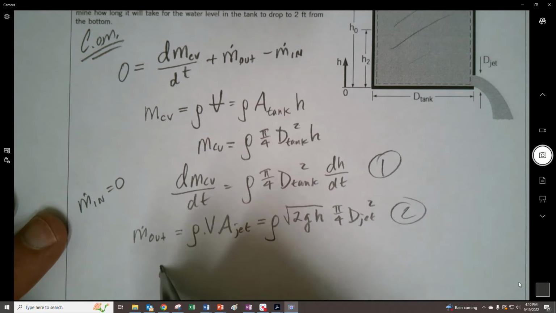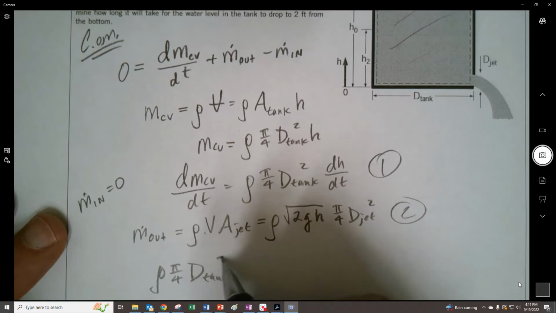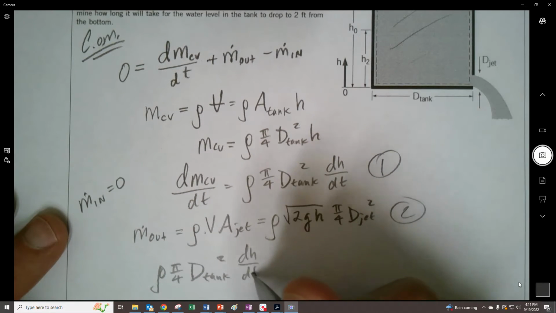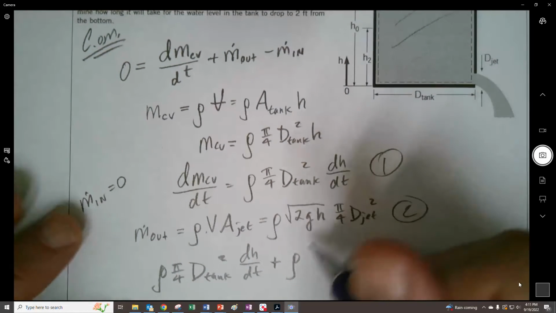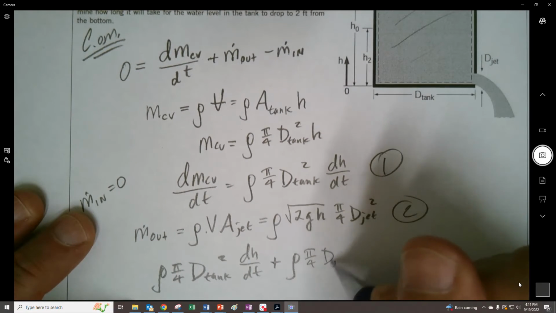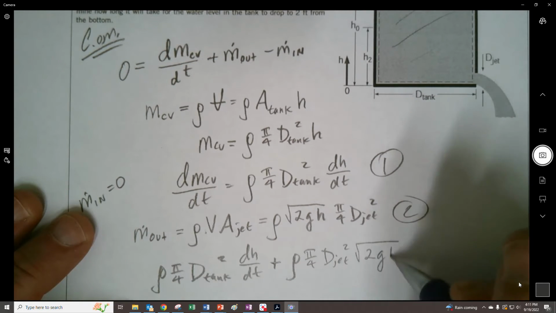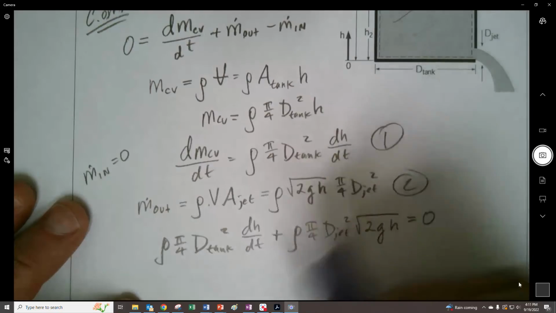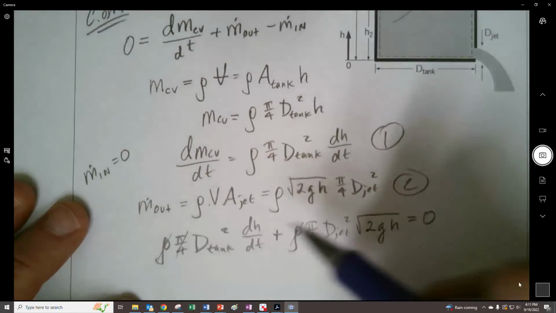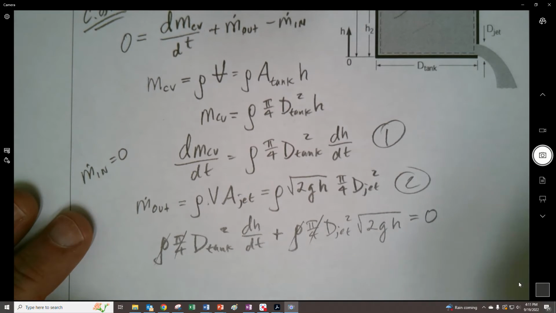So I'm going to write that I have rho pi over 4 d of the tank squared dh dt plus, maybe I'll take my pi over 4 and move it over here, my d jet squared and my square root of 2gh, equals 0. A couple things: I can get rid of my rhos, get rid of my pi over 4, and rewrite this thing.